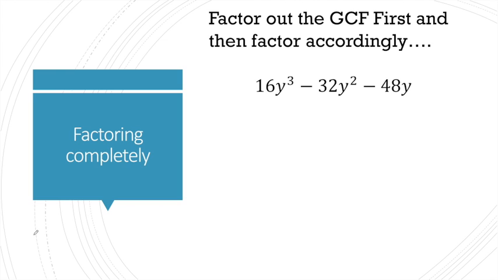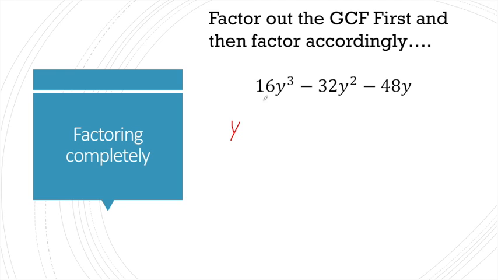So what we need to do first is factor out the greatest common factor, and then we can factor the remaining trinomial accordingly. So here I have 16y cubed minus 32y squared minus 48y. So we can see these all have a factor of y we're going to need to pull out.